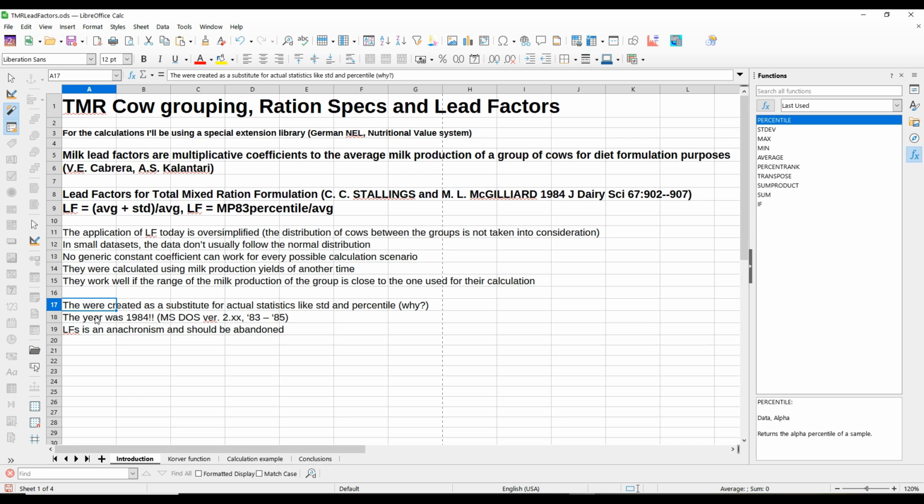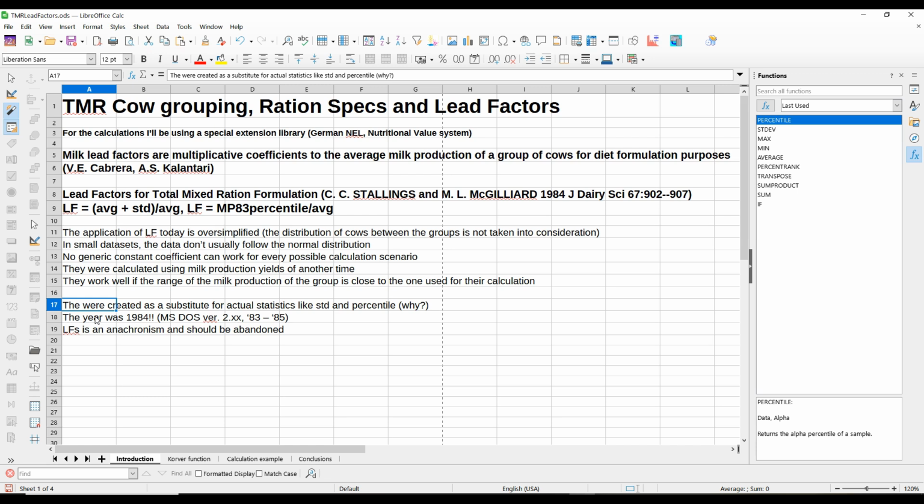Now it's easy to grasp that the milk lead factors were created as a substitute for actual statistics like standard deviation and percentile. Why? Why do we need a substitute? We have the dataset, we need to calculate the average value anyway, so why not calculate the standard deviation and percentile for our own data ourselves?